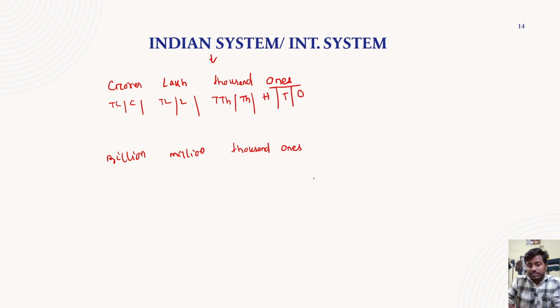But in the international system, in the ones period, three places, that is the ones, tens, and hundred. And in the thousand period, also three places, that is the thousand, 10,000, and the 100,000. In million, same: million, 10 million, and 100 million. Okay.